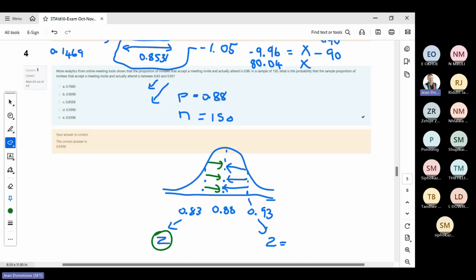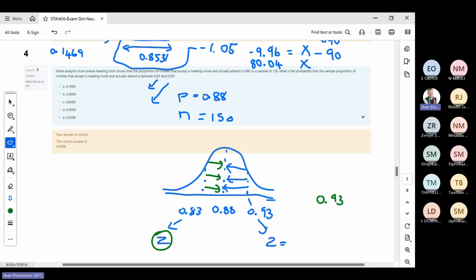So it's definitely going to be two separate calculations. Work out what this Z is with a 0,93 minus 0,88 divided by that standard error for proportion. On this side, it's going to be 0,83 minus 0,88 divided by the same.